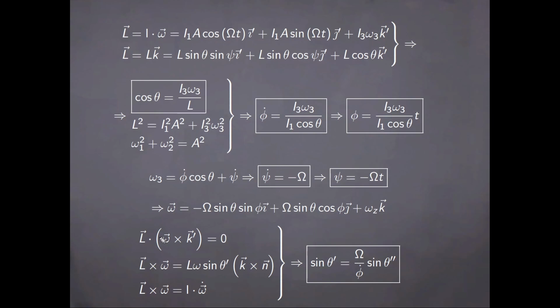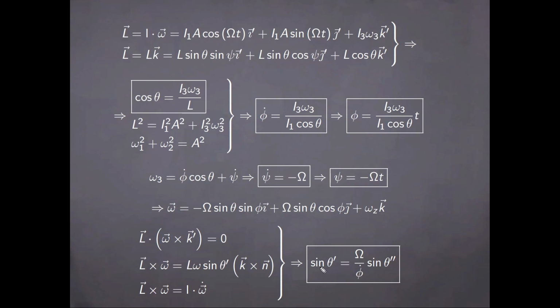And then we can put several more things together, namely, if we write out the cross product between the angular momentum and the angular velocity in terms of the angle theta prime between them, and we also use the fact that from our kinematical law 4.86, this cross product is in fact equal to the contraction of the inertia tensor with the time derivative of omega. Then putting all of these things together, we can very easily obtain the result here.